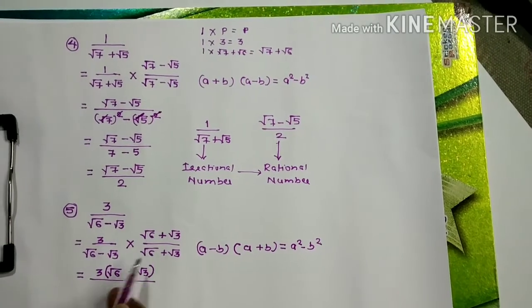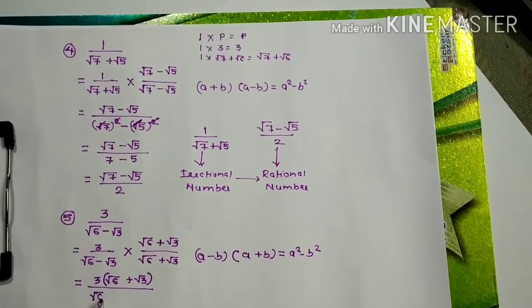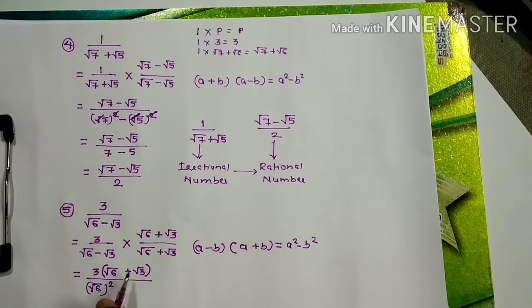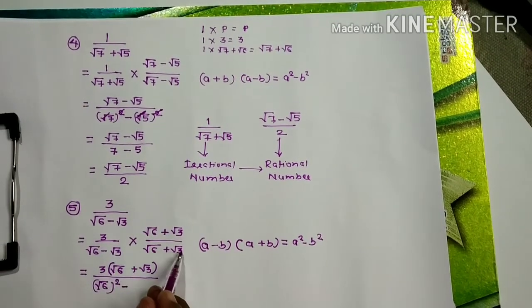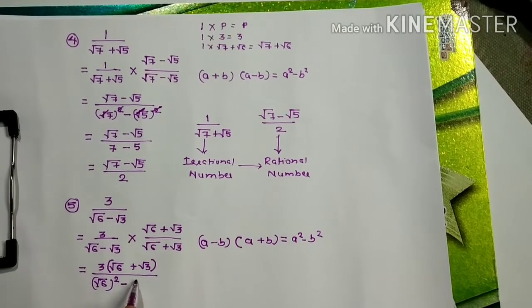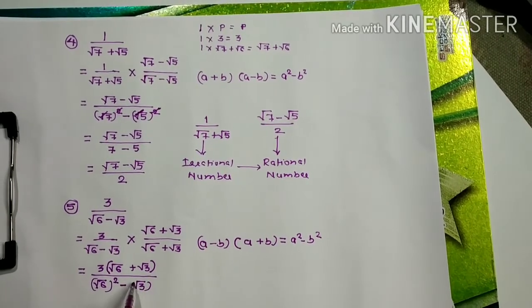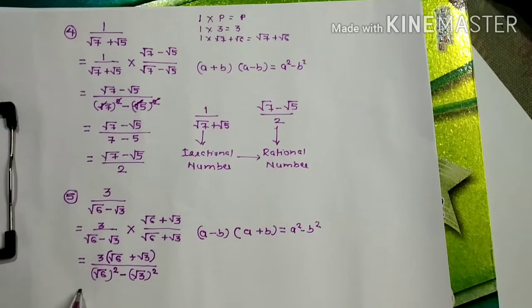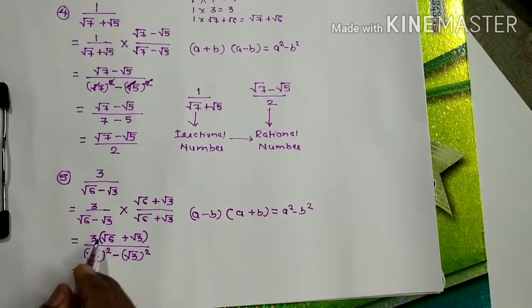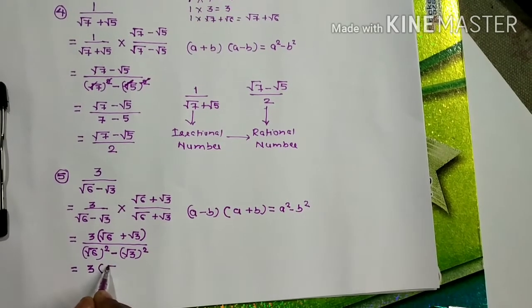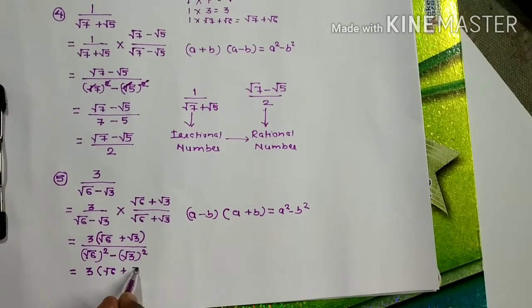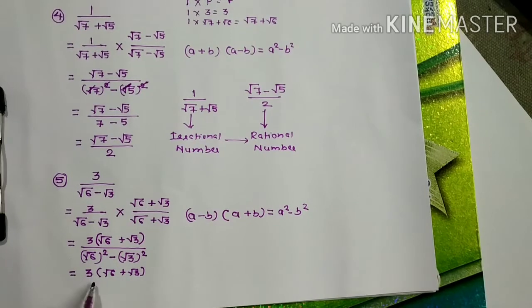Root 6 multiplied by root 6 is root 6 square, then minus root 3 multiplied by root 3, root 3 square. Next step, the numerator remains 3 bracket open 6 plus root 3.